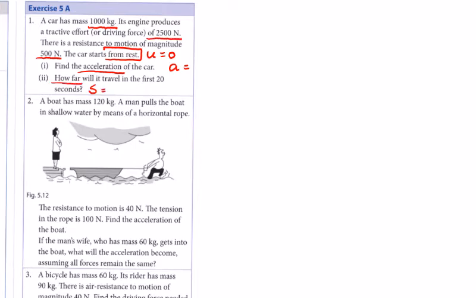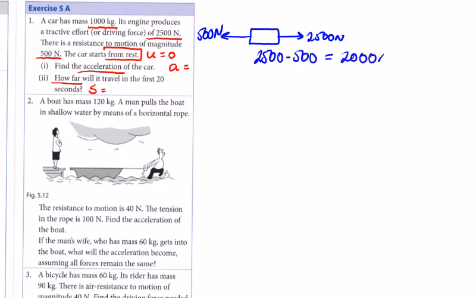So acceleration and distance. If we do a quick diagram to find the resultant force, we have my car, I have an effort, driving force 2,500, and I have a resistance, no friction here, of 500. So the resultant force is 2,000 newtons.